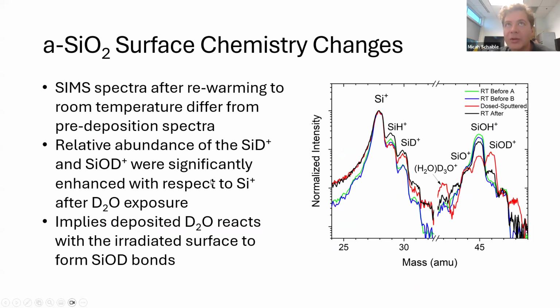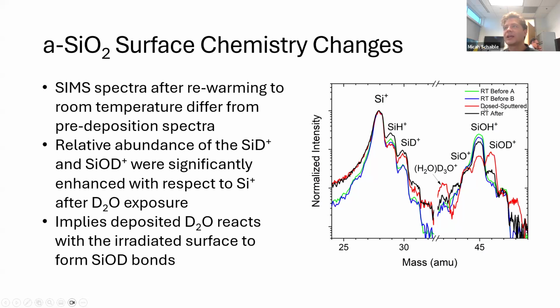Interestingly, when we look at the room temperature spectra before and after the water deposition and the cooling, we again see differences in the sputtered secondary ion spectra. What I'm showing here is a normalized intensity for a couple of pre-dosing room temperature spectra.